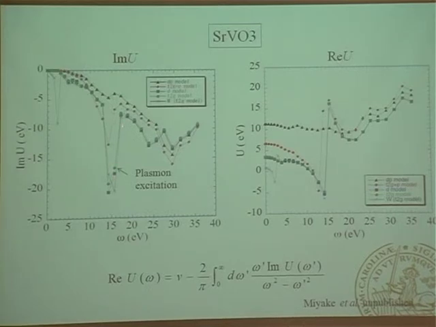And there are some other structures, also probably collective excitations. Usually in the electron gas, when you have extended states, you only have one well-defined plasmon excitation.